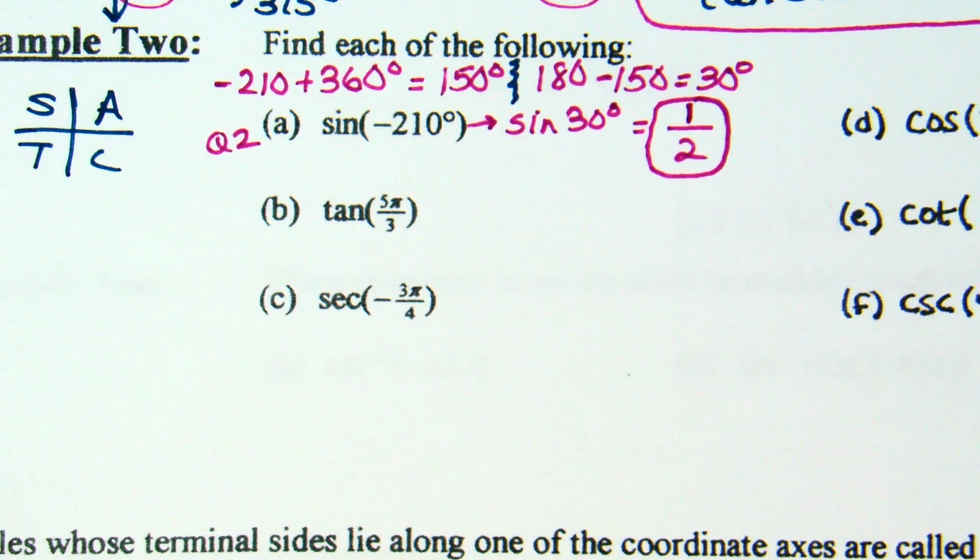What is 6 pi over 3 minus 5 pi over 3? 1 pi over 3. So what is my reference angle that's on my chart? Just the 1 pi over 3. Okay? And, sorry, that didn't come out very readable there.